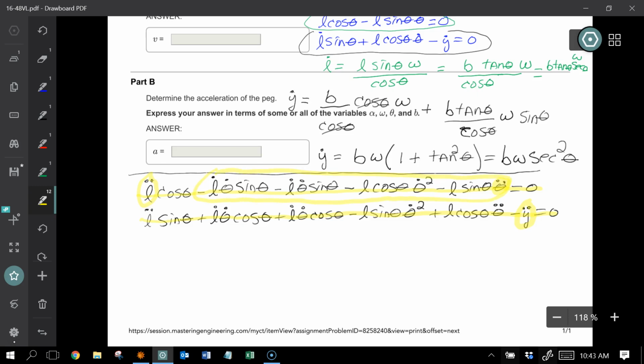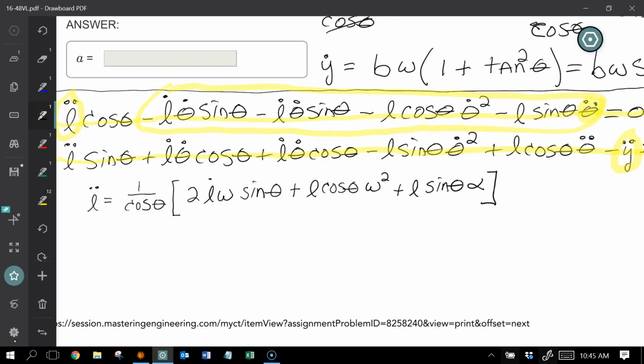I'm going to do that and then come back. Okay, so here I've just done what I indicated. I solved for L double dot. I also put in omega everywhere you have a theta dot, and alpha everywhere you have a theta double dot.